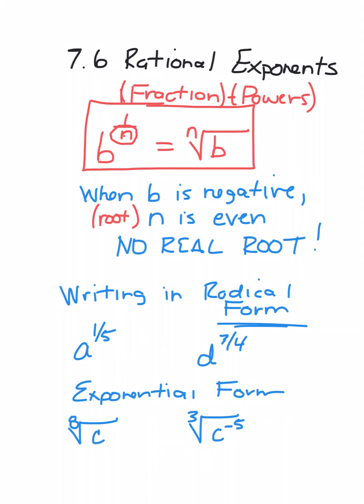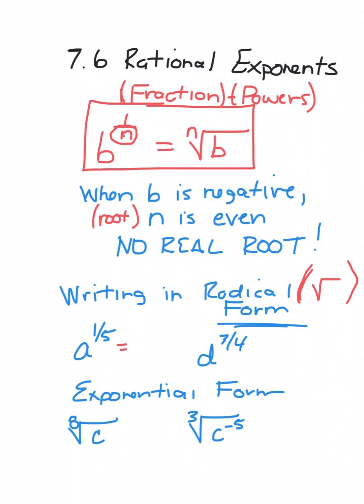So in anything that is in exponential form, so when we have a power that is a fraction, we can write this in radical form. When we say radical, we mean what you're familiar with as the square root sign. It's actually called the radical sign.